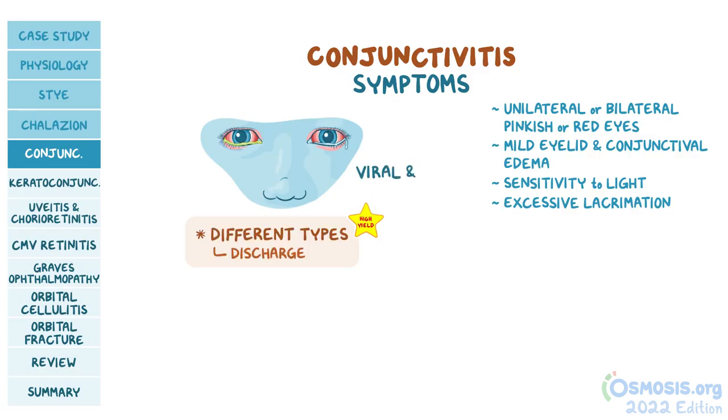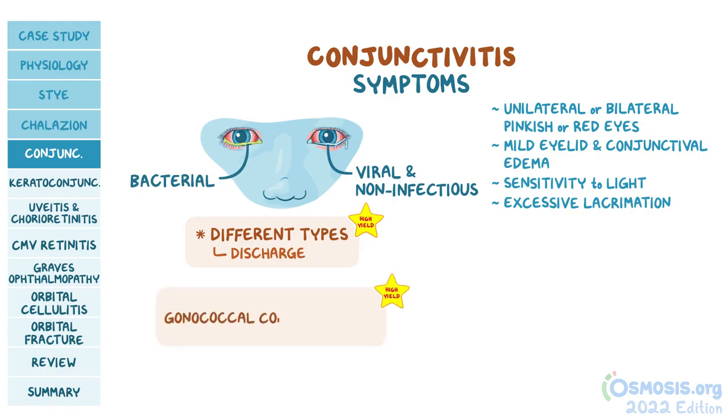So, in viral and non-infectious conjunctivitis, the discharge is sparse, mucoid, or watery, while in bacterial conjunctivitis, it's purulent white, yellow, or green. In newborns, remember that gonococcal conjunctivitis tends to produce a greater amount of purulent discharge than chlamydial conjunctivitis.